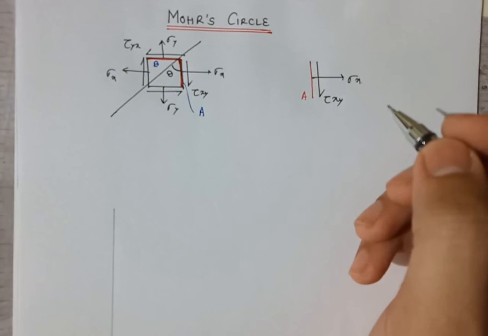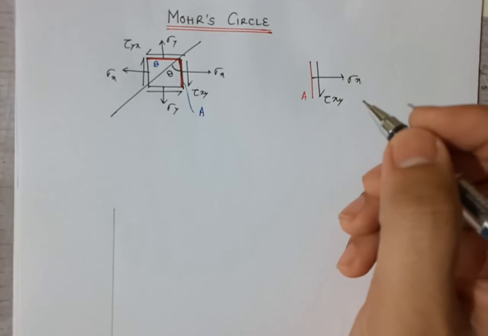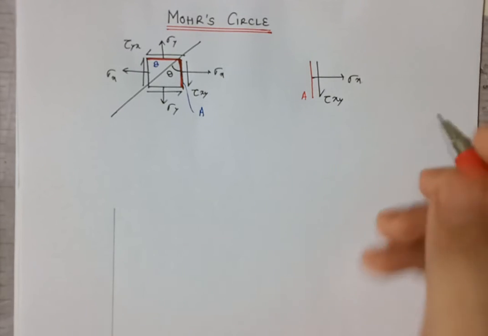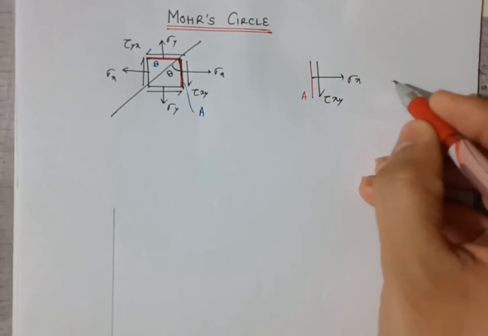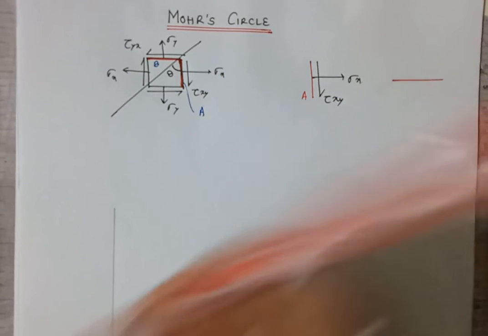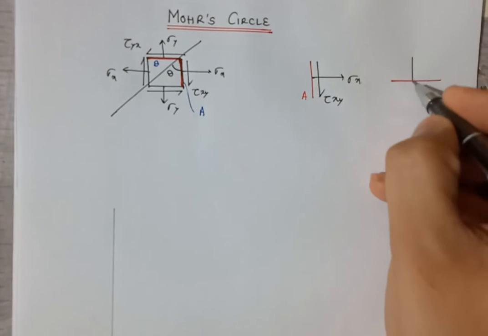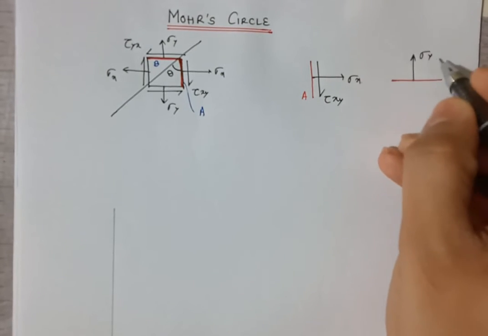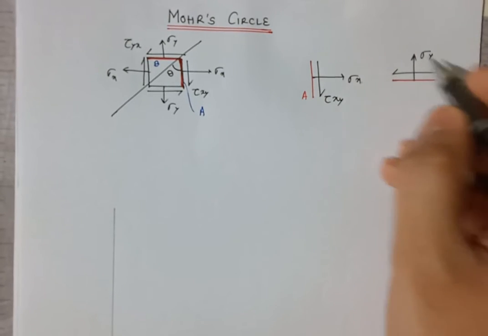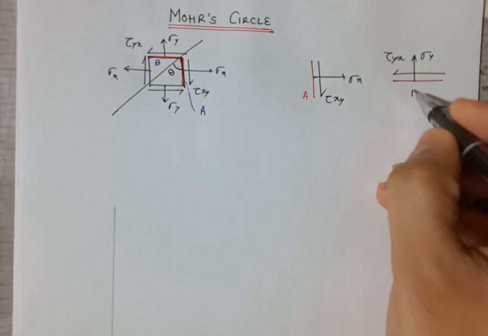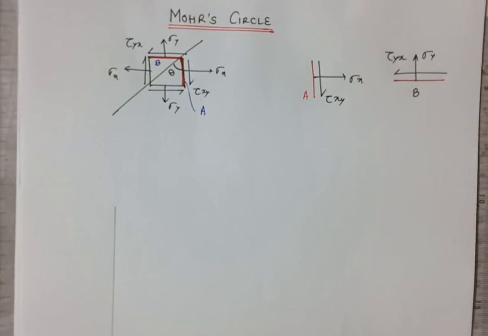These are the two stresses which are coming here. Similarly on plane B, that was the horizontal plane, you are having sigma y and tau yx. So this is plane B.